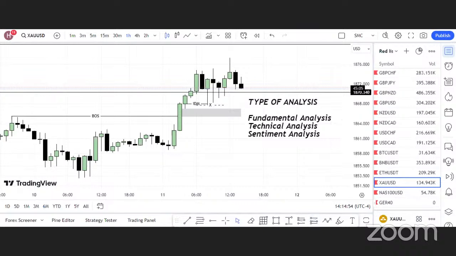Okay, so now let's start with the fundamental analysis. The fundamental analysis is the analysis of social, economic and political factors that affect currency supply and demand. In forex trading, forex is not controlled by anybody but us. Everybody trading the forex market is controlling the forex movement.